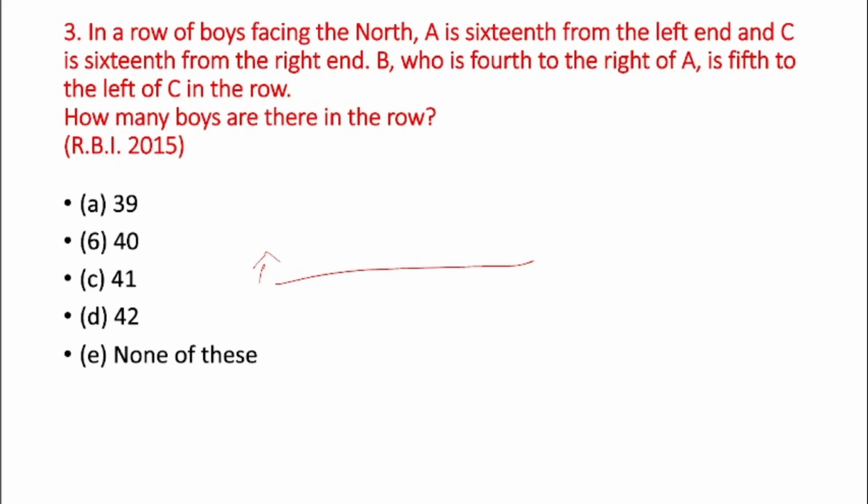See the question given here. I need to understand the question carefully, right? This is a simple one, but a lot of information is given. What is given is they have given some positions of 3 boys, right? They have given the positions of the 3 relative to each other and ask us to determine how many boys are in total, the number of boys in that row.